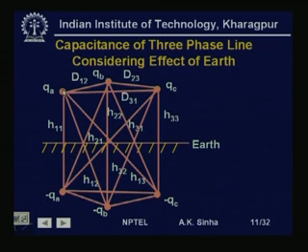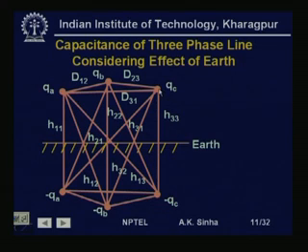The distances between these conductors are D12, which is the distance between A and B, D23, which is the distance between B and C, and D31, which is the distance between C and A. The phase A conductor has a charge Qa per meter, phase B conductor has charge Qb per meter, and phase C conductor has charge Qc per meter.